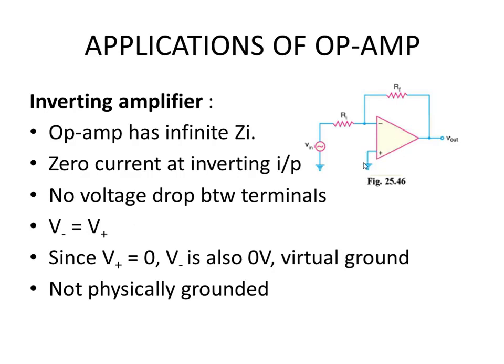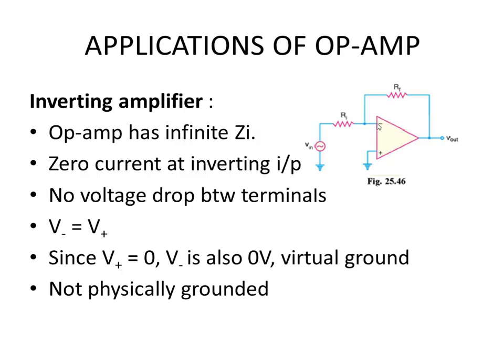But here, look, this non-inverting terminal is grounded. Grounded means the voltage is 0 at this point. So since the non-inverting terminal is grounded, V plus is 0 volt. Since V plus is equal to V minus, if V plus is 0 volt, V minus is also 0 volt.